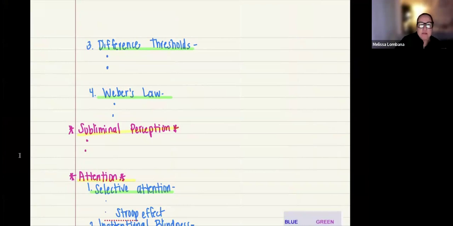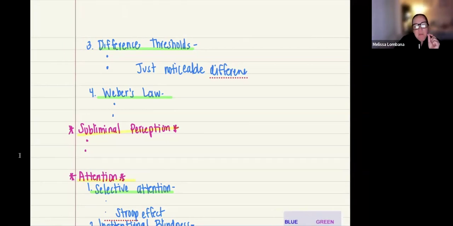Sometimes this is called the just noticeable difference, and you may see that, so they could use it either way. The just noticeable difference is the smallest difference that you feel between two stimuli. And again, this is going to be for 50% of the time.